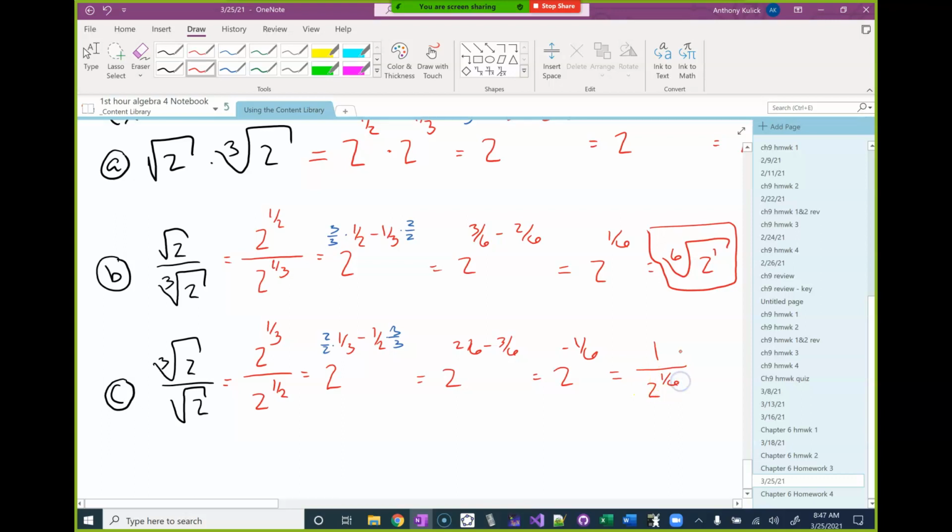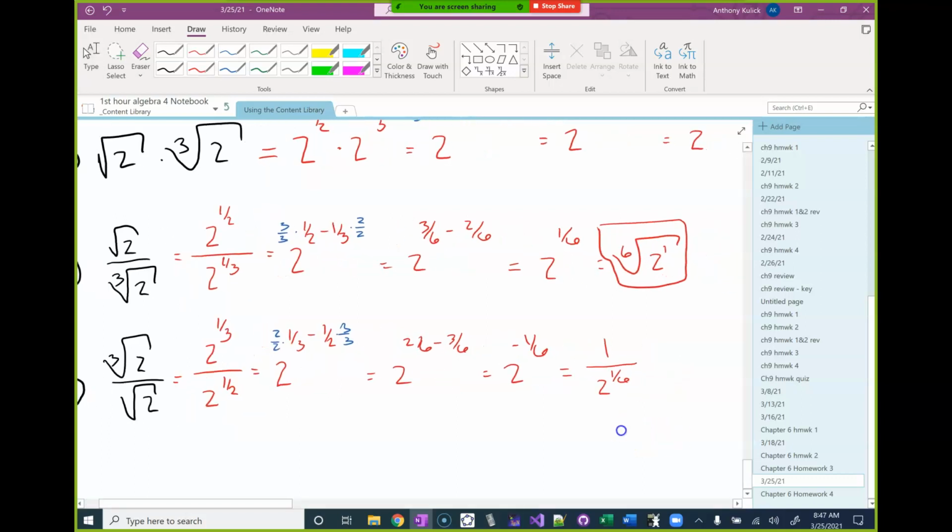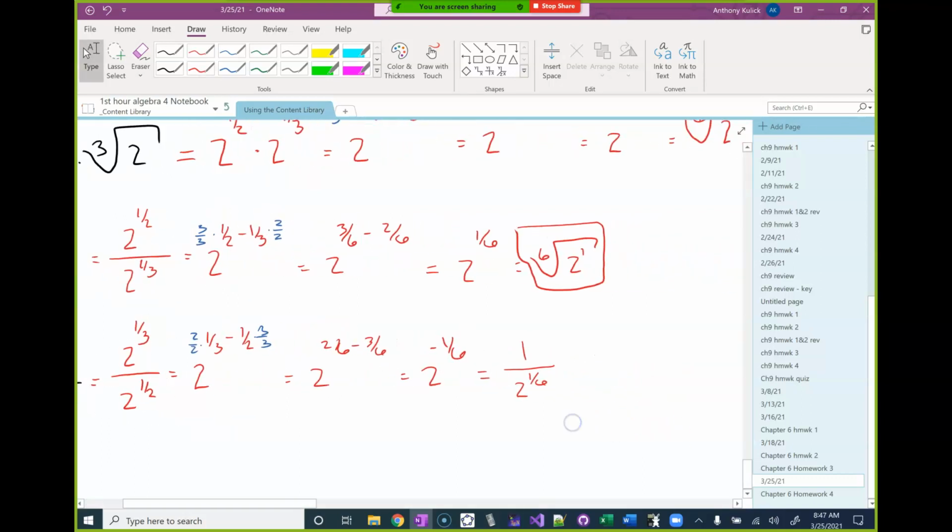So that's 1 over the 6th root of 2 to the 1st. But oh no, we have a radical in our denominator. Fiddlesticks. As we mentioned previously, we're not going to leave our final answer with radicals in our denominator. So we need to rationalize this denominator.